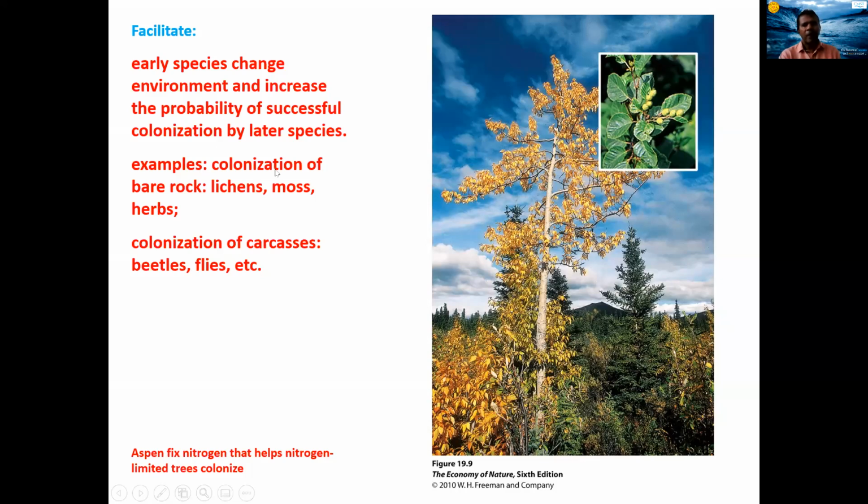Likewise, in primary succession, for example, a bare rock, right? Imagine there is a huge rock in a hilly area. If there is a landslide, the rock will be exposed, and then the animal or plant community starts to grow on that newly exposed rock, right?